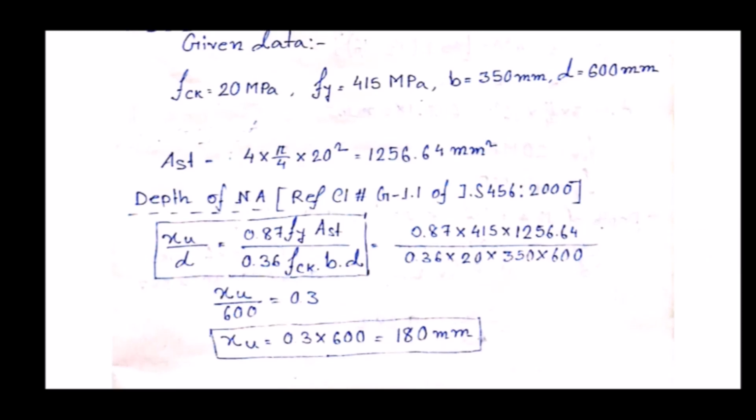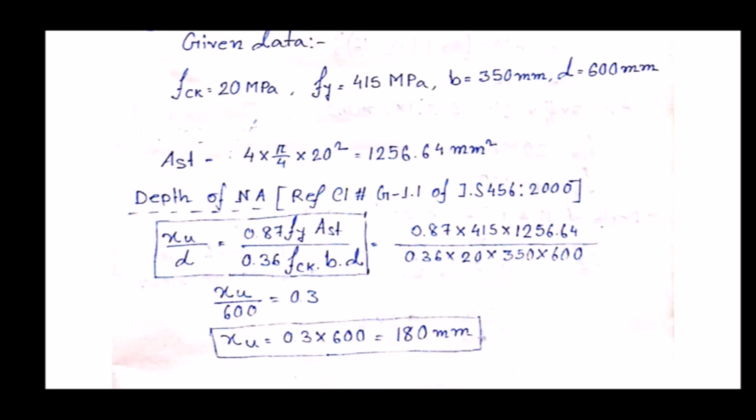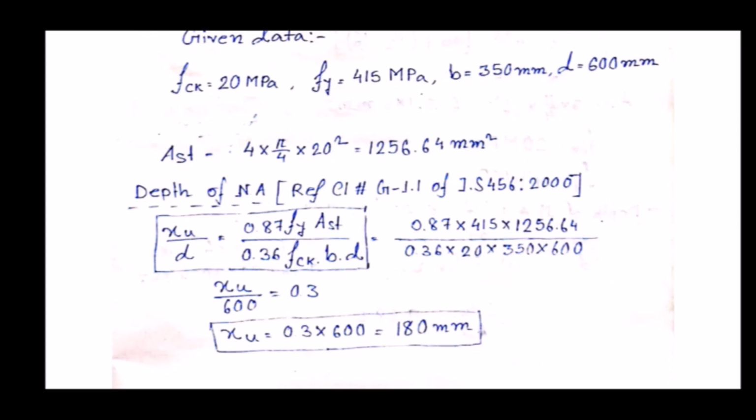So from this we may write xu, that means the depth of neutral axis, is 0.3 into 600. So we have got our first answer of the question, that the depth of neutral axis is 180 mm.